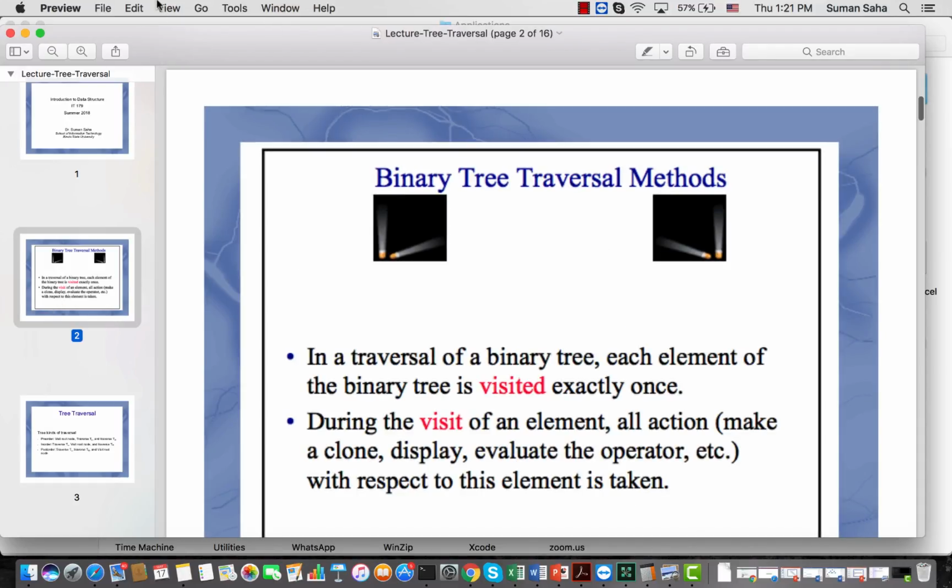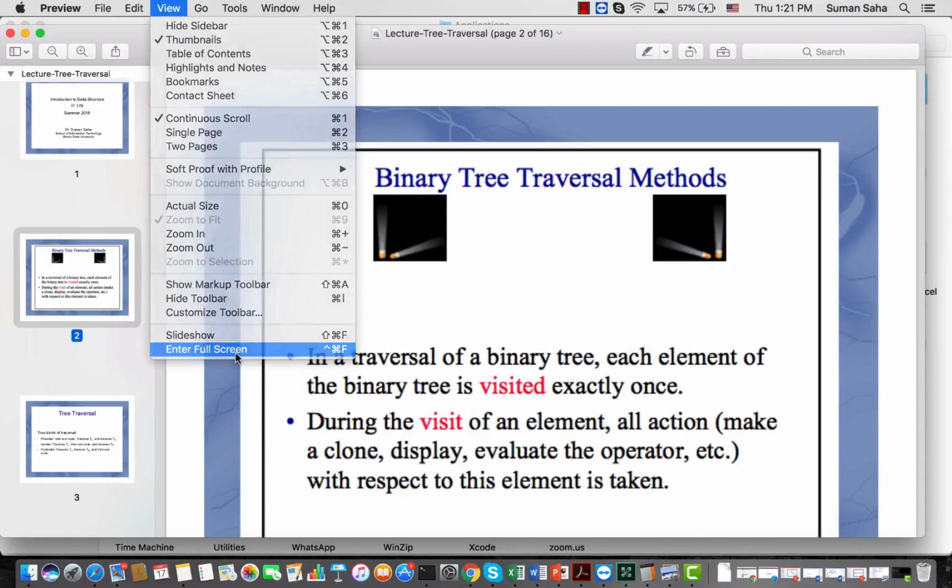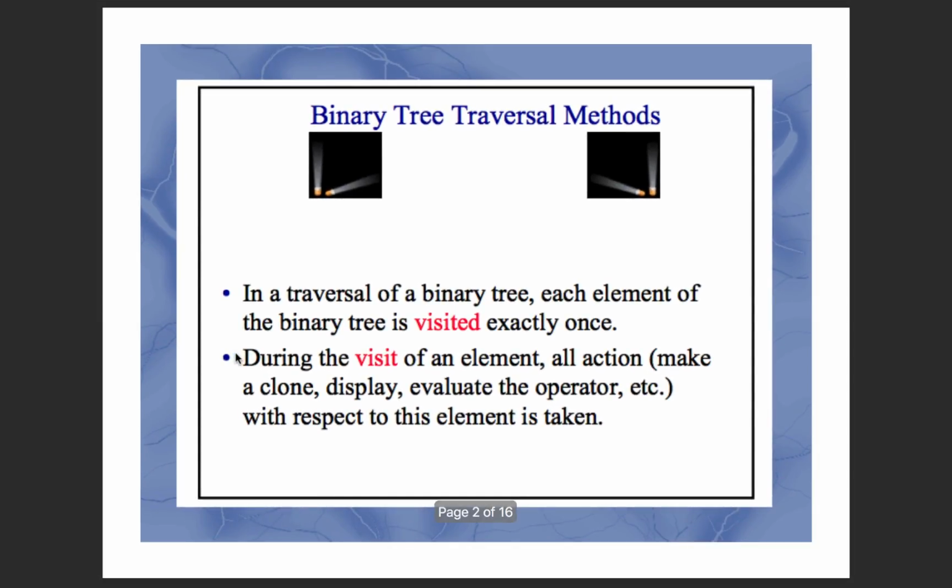So far we have seen that we can traverse a binary tree. When we traverse a tree, we basically visit all the nodes of the tree. The motivation for traversing a tree is that we want to do several operations. We want to apply some operations on each node.